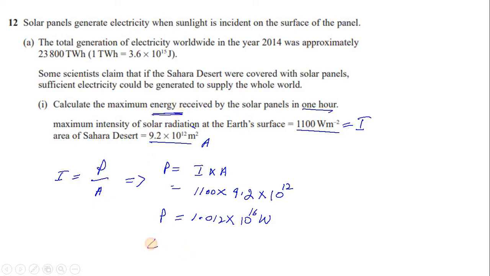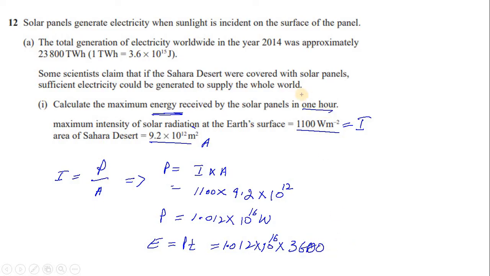So maximum energy E is power times time in 1 hour. So power is 1.012 × 10^16 times 3600.